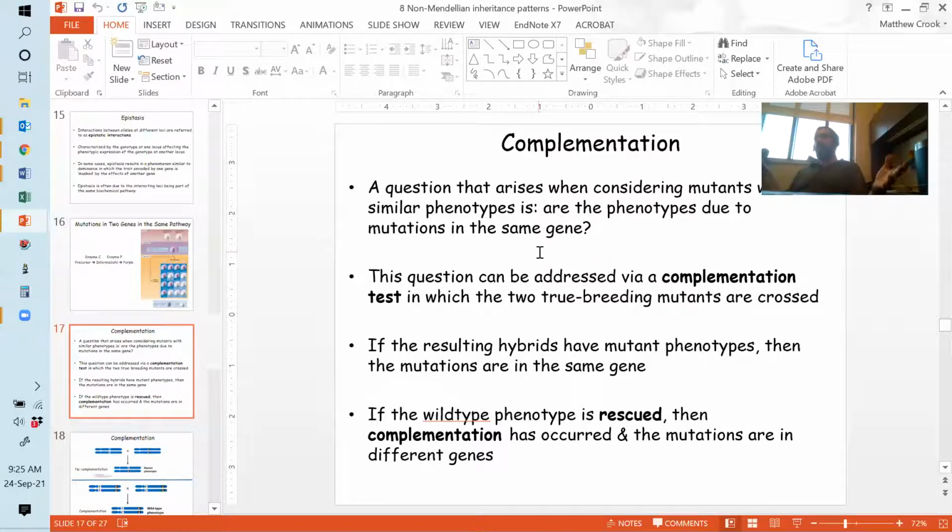But before you do that, you have to figure out how many of these are different alleles of the same thing versus different alleles in different genes. That's a really important question to ask. And the way you ask that question is by something called complementation. The idea here is you're going to cross two different mutants together, and depending on the outcome, you can tell whether or not they're in the same gene or not.